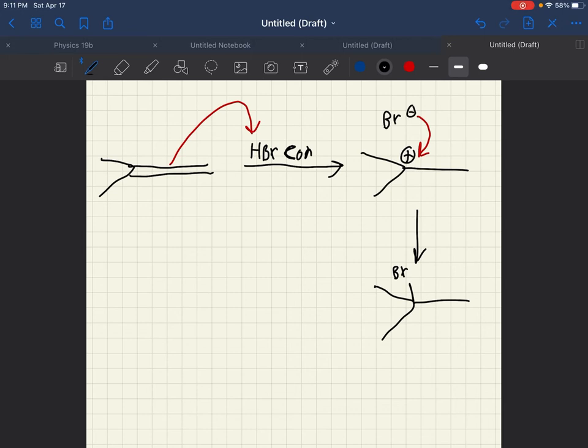So this is concentrated, Br, not dilute. So dilute, OH; concentrated, actually use the Br minus or Cl minus or whatever it's trying to add.